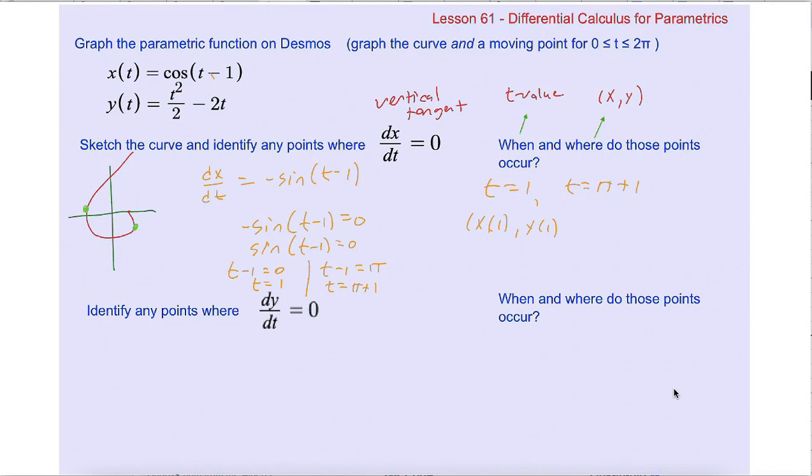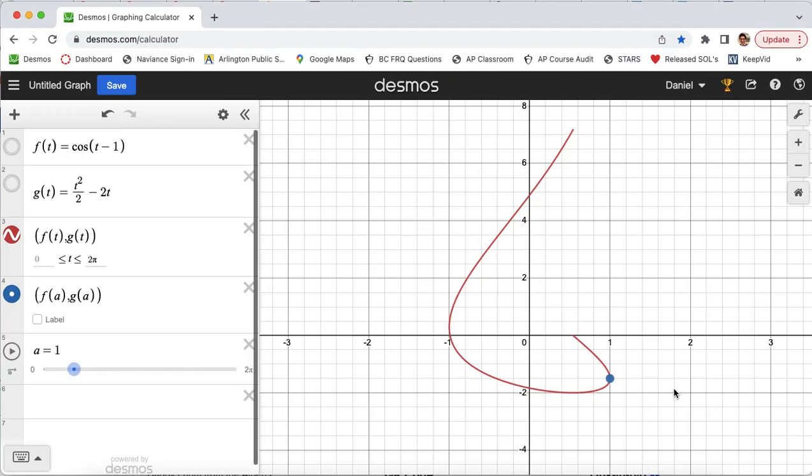Sorry, the cosine of 0 is 1. And then the y value would be 1 squared over 2 minus 2, or a half minus 2, which is negative 1.5. And if I look at my coordinates, if I wanted to, I can add a label to that point and see that is the coordinate right there, 1, negative 1.5.